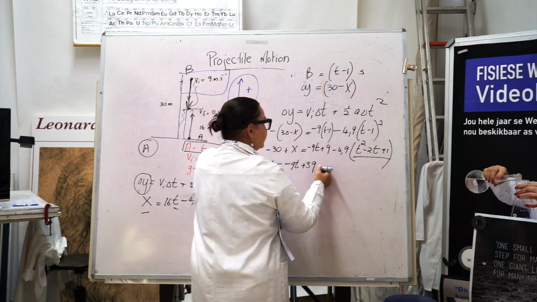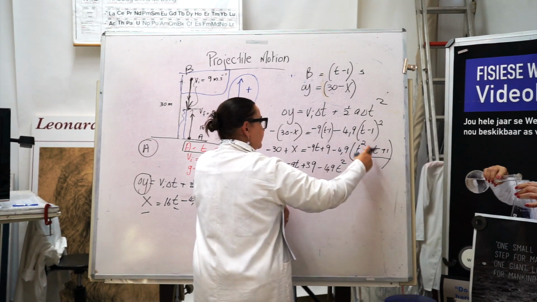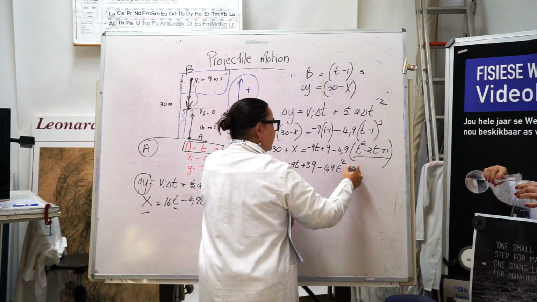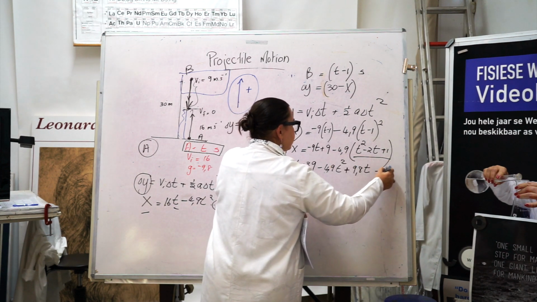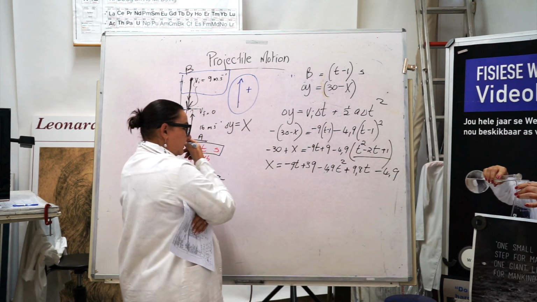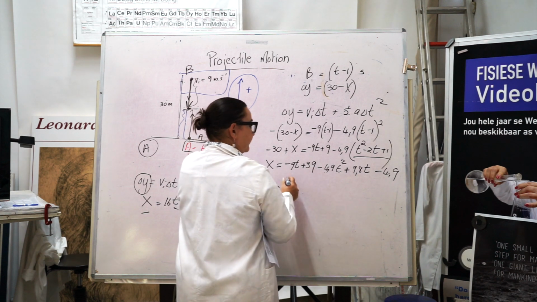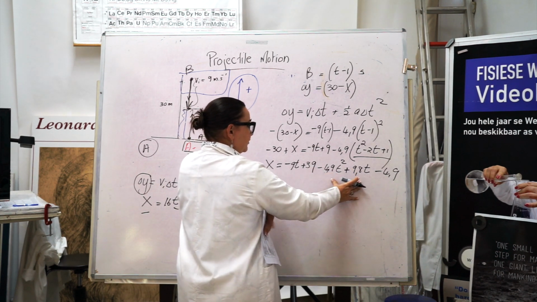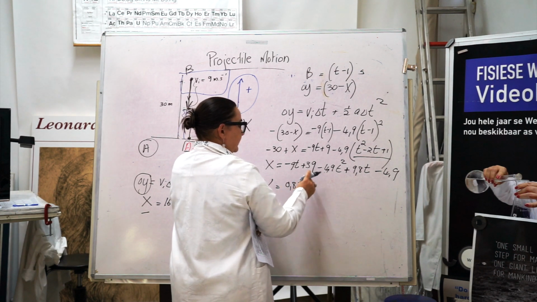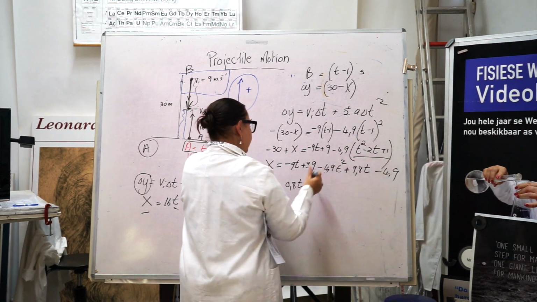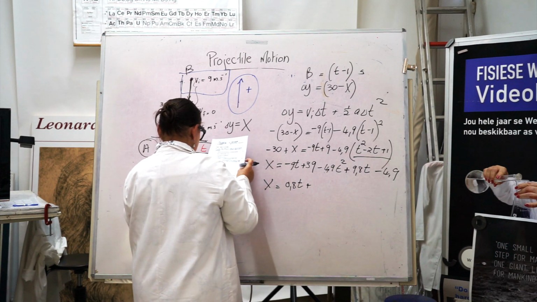Then we've got minus 4.9t squared, minus 4.9 times 2 plus 9.8t, minus 4.9. Okay, so that gives me x equals minus 9t plus 9.8t, that is then 0.8t. 39 minus 4.9 gives me plus, let's have a look.